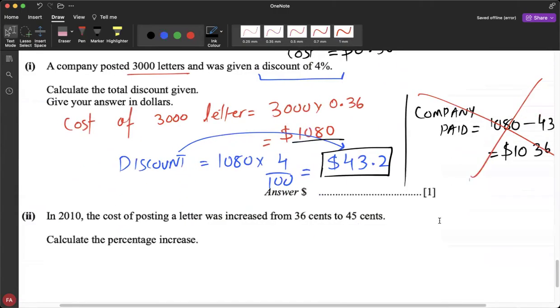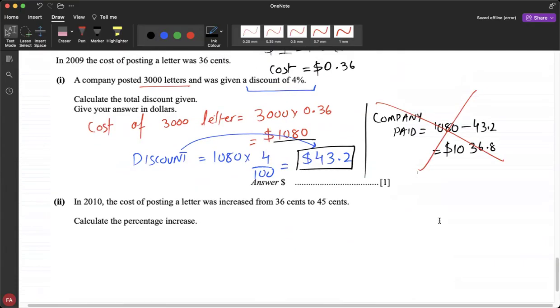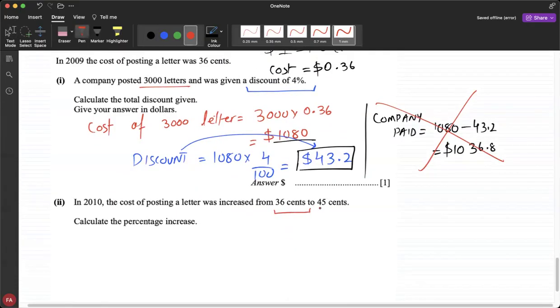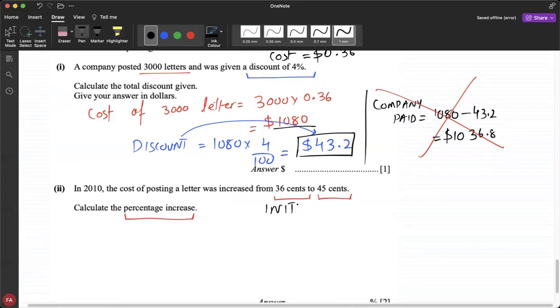Now, in a very similar way, the next part of the question reads, in 2010, the cost of posting a letter was increased from 36 cents to 45. They're asking us about percentage increase. Have I not just explained that there's a very easy formula, right? So I can say that's going to be my initial value over here. This is my initial value. This over here is my final value.